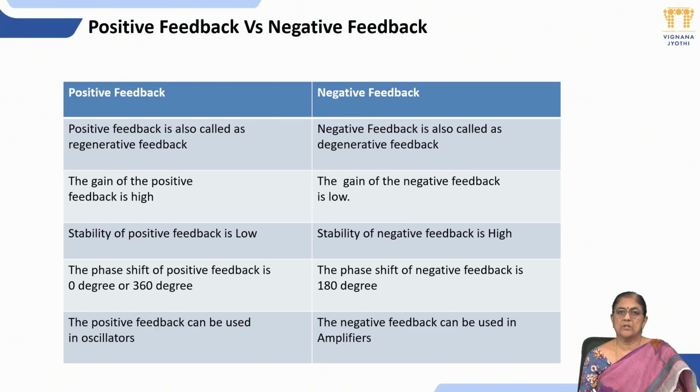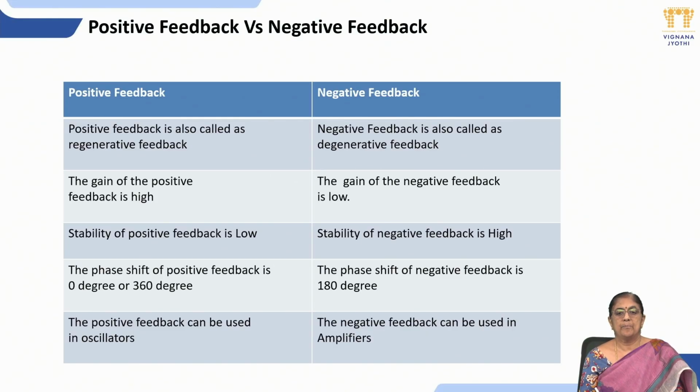Negative feedback is known as degenerative feedback. In positive feedback, the gain of the amplifier is high. In negative feedback, the gain of the amplifier is less. In positive feedback, stability is less. In negative feedback, stability is more.